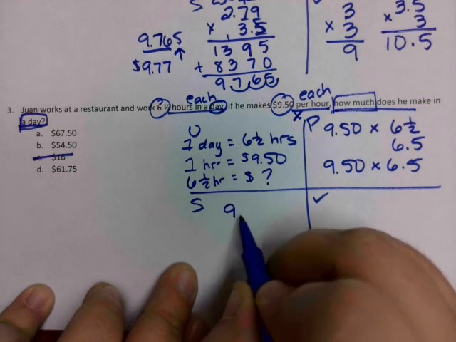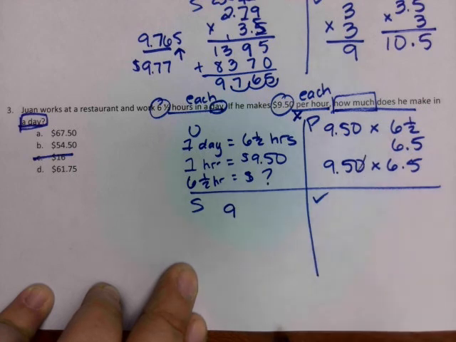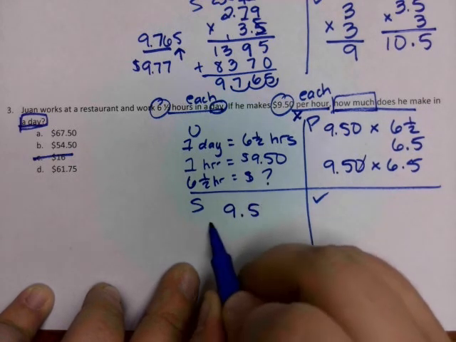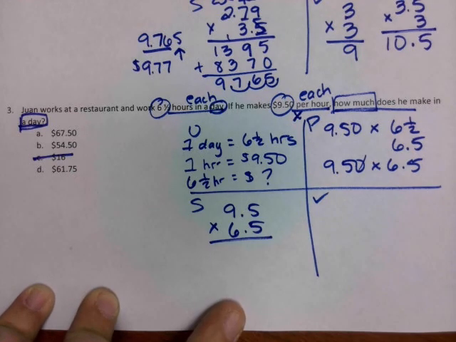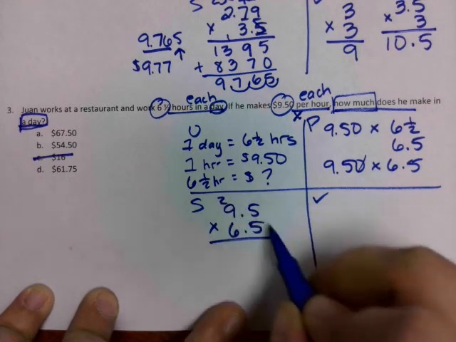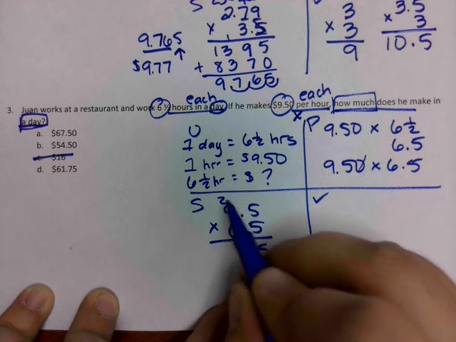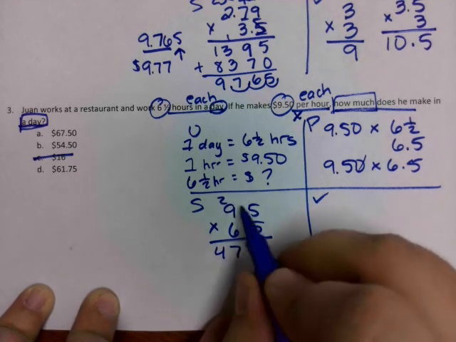So 9, again, I'm going to leave off this 0 because I don't really need it. 9.5 times 6.5. I'm going to multiply. 5 times 5 is 25. 45 plus 2 makes 47.